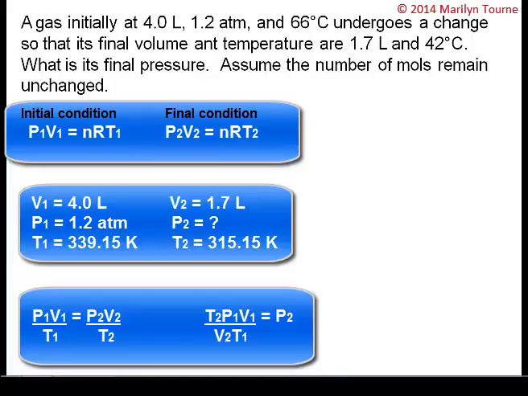So you would have P1 V1 over T1 is equal to P2 V2 over T2, but you have to solve for P2, the second pressure. So you would put everybody on the other side and leave P2 by itself. That ends up looking like T2 times P1 times V1 over the second volume times the first temperature, T1. And then if you plug everybody in, then it's simple. You just get your answer, and that answer happens to be 2.6 atm.